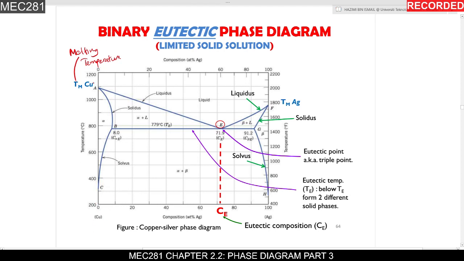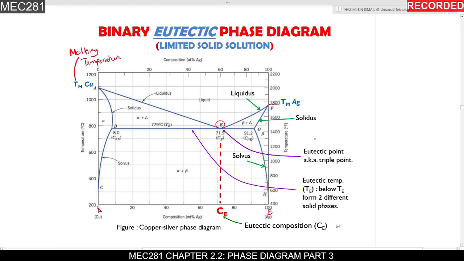So this one is the melting temperature for the copper. And for the right hand side here, this one is the TM for the B. Let's call this B and this A. So here is the melting point temperature for B. In this case we have argentum, so this point is around 1780 approximately. That is the melting point temperature for argentum.